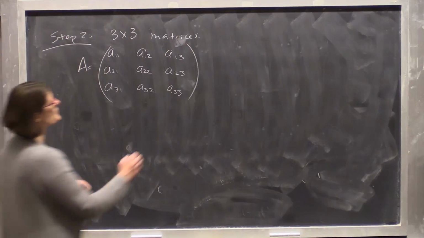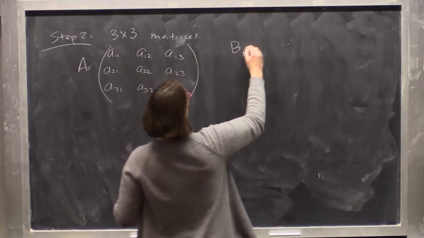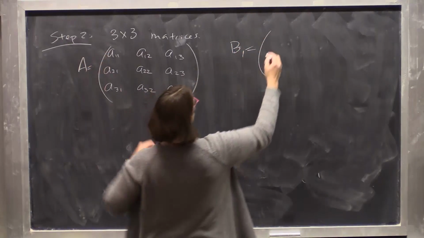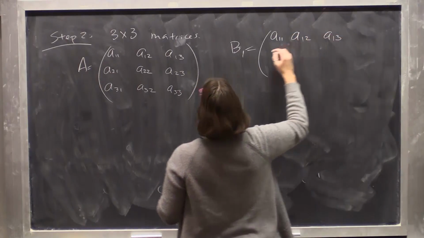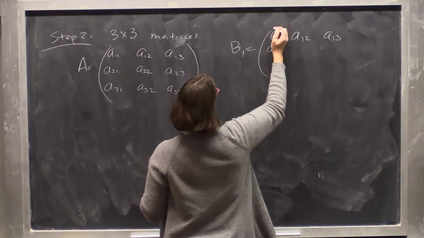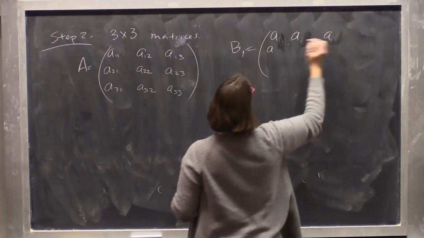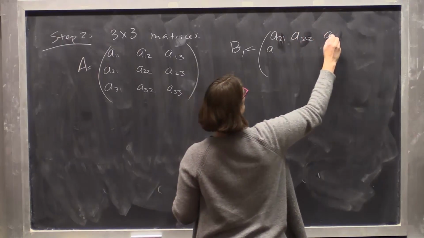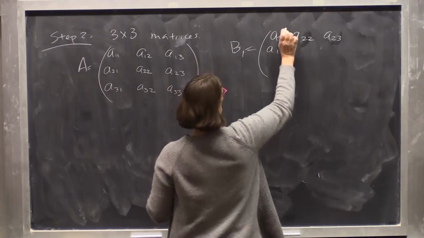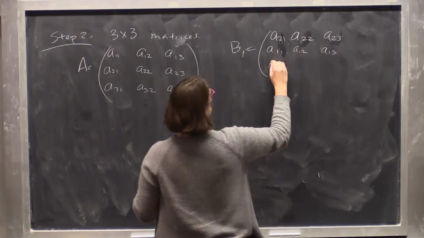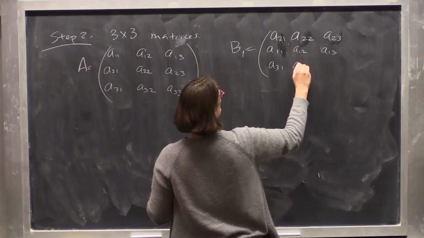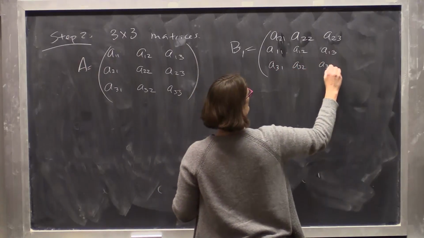Three. So one option is B1, where I'll swap rows 1 and 2: A21, A22, A23, A11, A12, A13, A31, A32, A33.